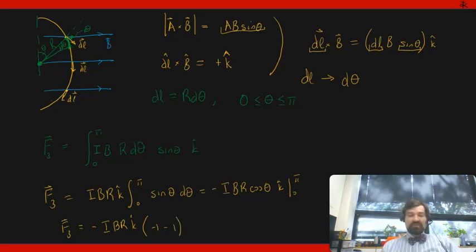And so this is negative 2. There's a minus sign here. That makes it a plus sign. I end up with 2 I B R k hat.